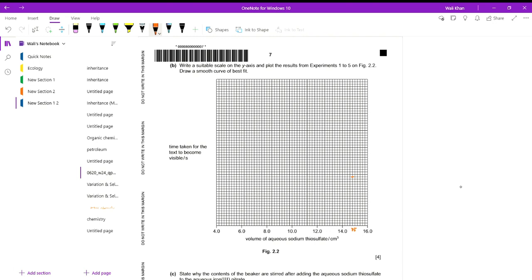4, 6, 6, 8, 10. We will take 10, 20, 30. 120, 15, 24.